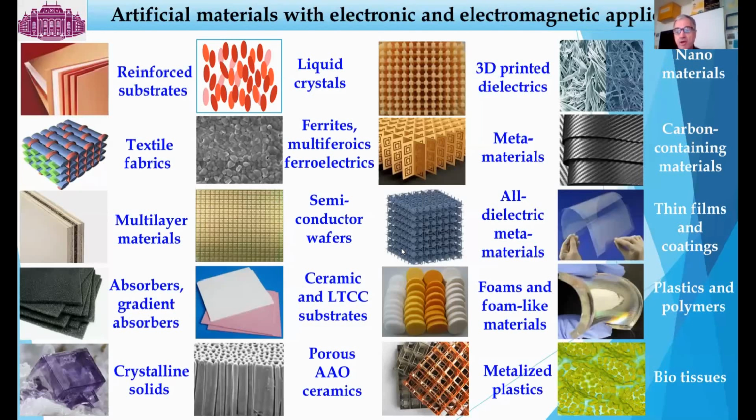Because in the modern world there exist a lot of new materials, and most of them are connected with electronic and electromagnetic applications. Here on the screen we can see a list of some of them. For example, reinforced substrates for electronics, textile fabrics for wearable antennas and applications, multi-layer materials, absorbers, etc. A lot of ceramics, semiconductors, ferrites, multiferroics, ferroelectrics, liquid crystals.